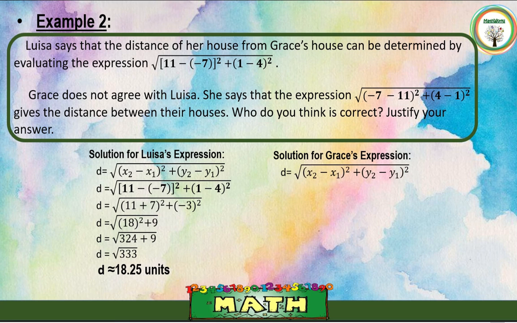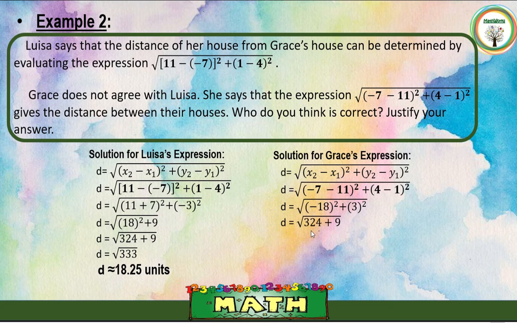Okay, now, let us see our solution for Grace's expression. So using the formula, again, this is Grace's expression. The square root of the quantity of negative 7 minus 11 squared plus the quantity of 4 minus 1 squared. So the distance is equal to the square root of negative 7 minus 11 is negative 18 squared plus 4 minus 1 is equal to 3, then squared.